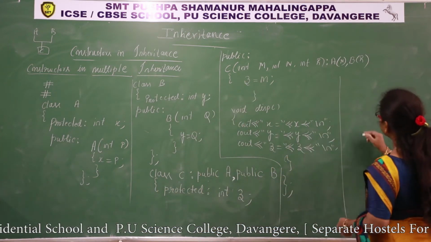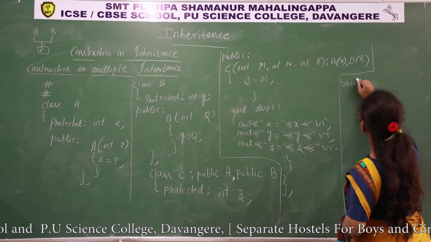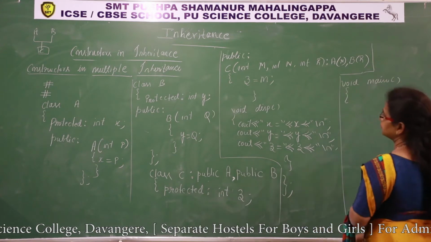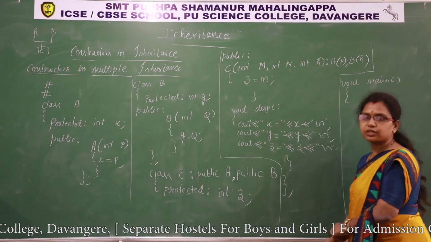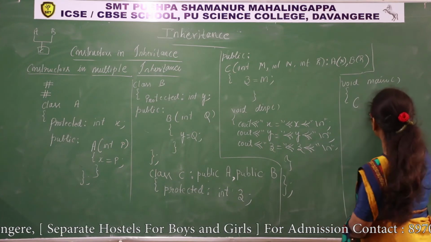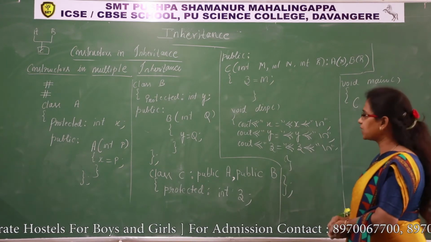Now the main function, void main. Now we have to create an object for class C. Name of the class is C, object name obj. How many parameters do we have to pass here?